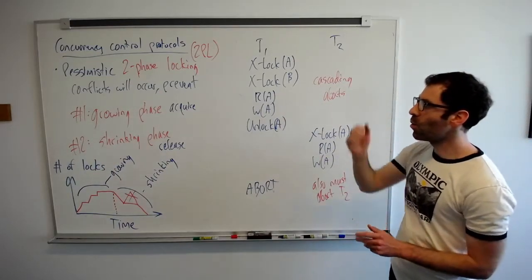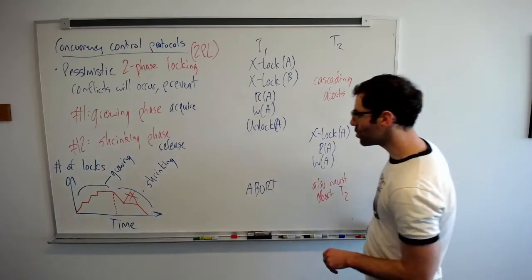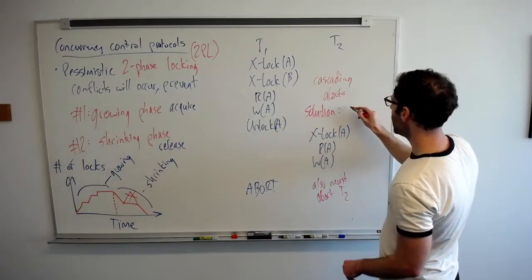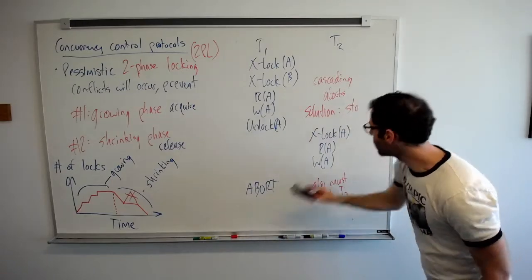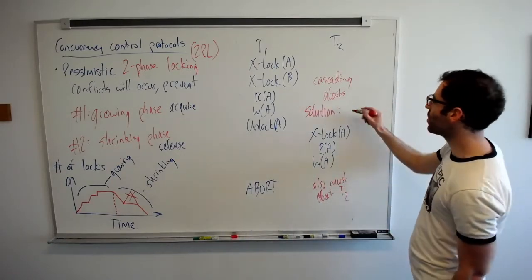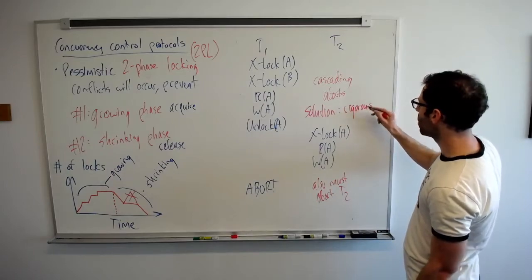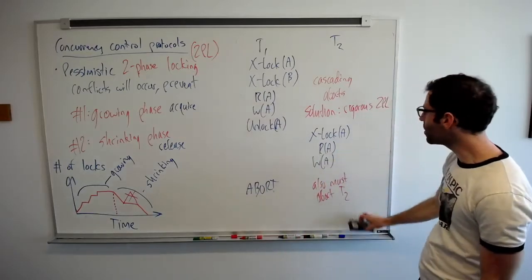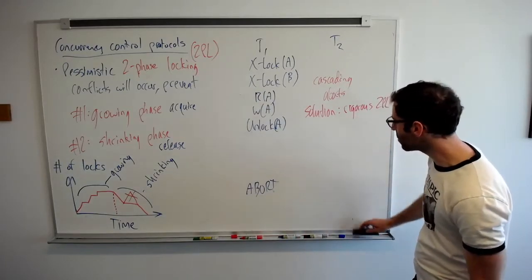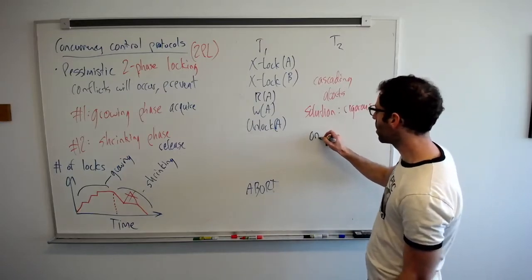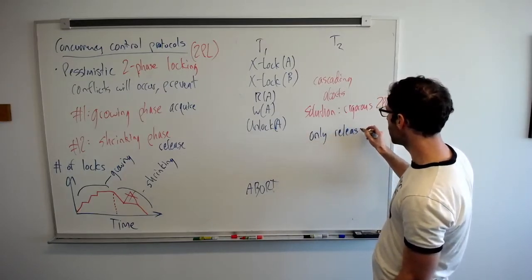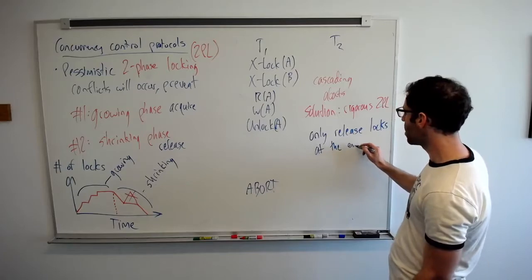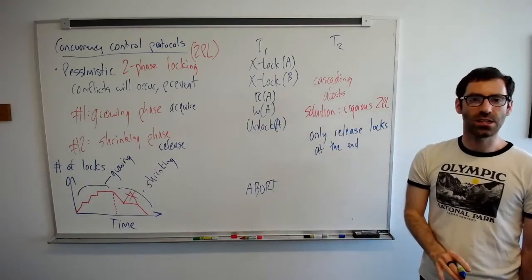And so what we can do, our solution, is a variant of our two-phase locking called rigorous two-phase locking. And what rigorous two-phase locking says is only release locks at the end of the transaction.